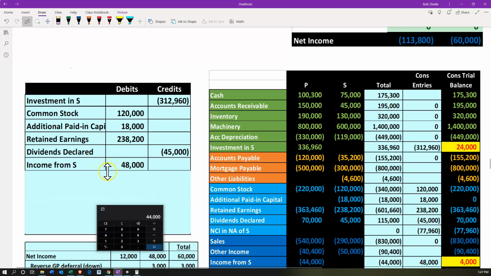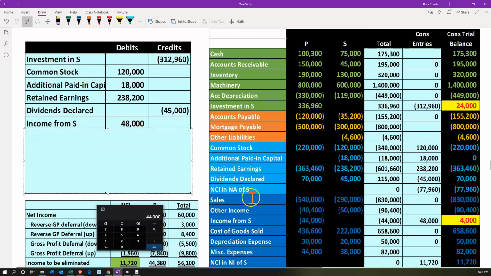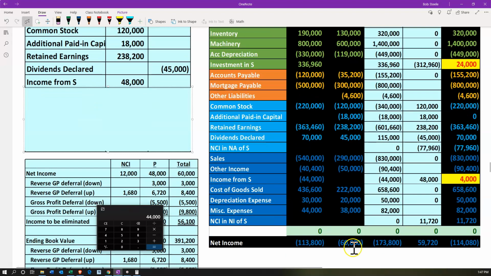Then we're going to have the income from S. So that's going to be down here, income from S, which using the equity method is calculated based on this 60,000. So we're going to take this 60,000 here times 0.8, 80%, 48,000. Not exactly what's in here because there's that adjustment that needs to be taken into place that's not on S's books for the depreciation, which we'll deal with later.